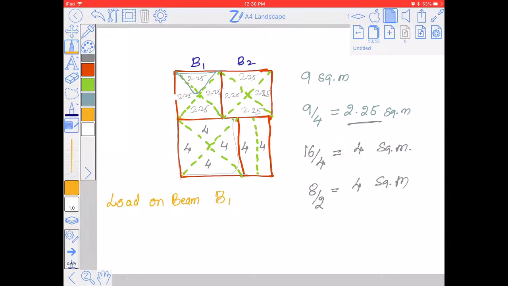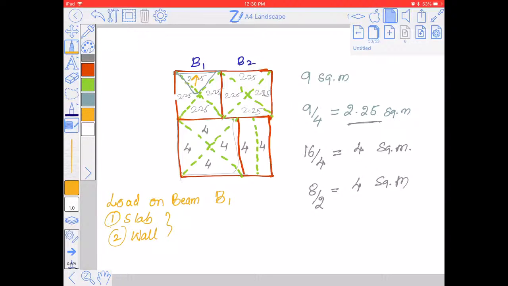Now tell me, from where you'll get the load on beam? Either from the slab or from the wall. There are two possibilities, first one from slab, second one from wall over that beam, right?